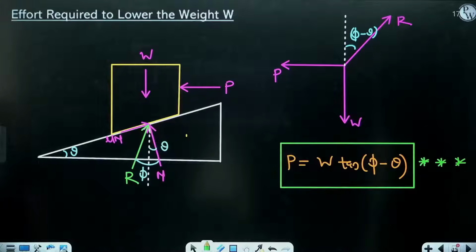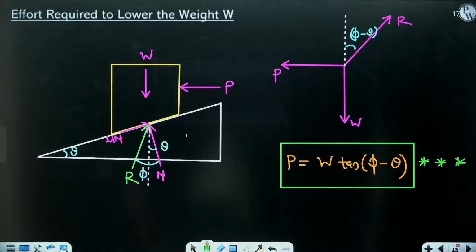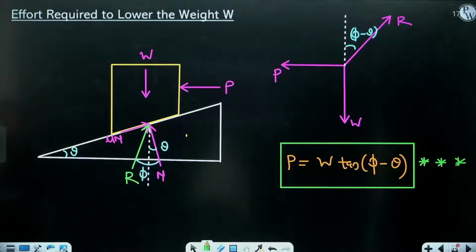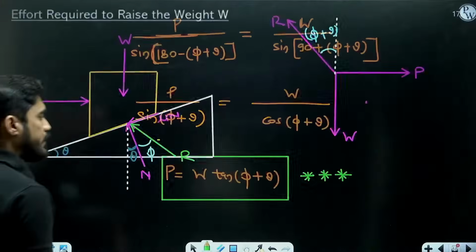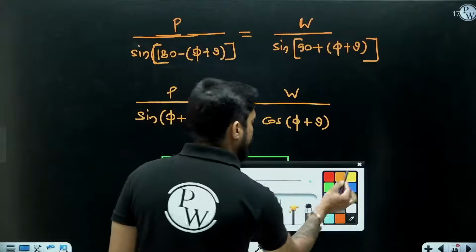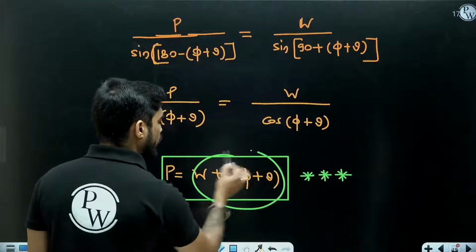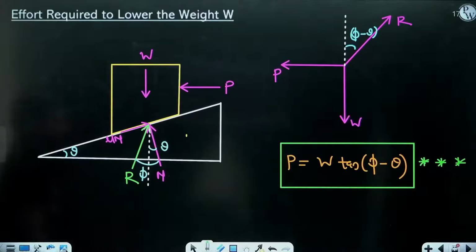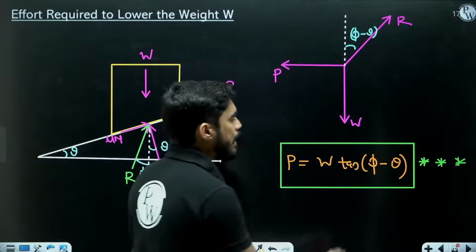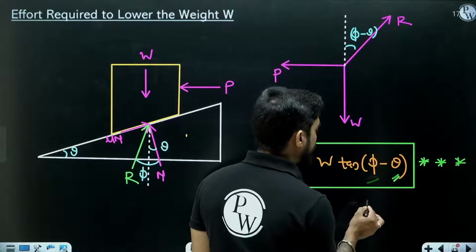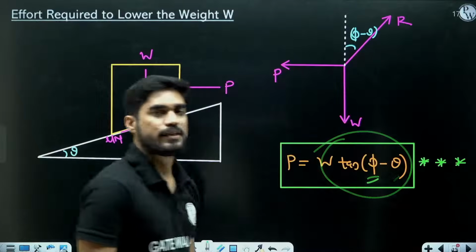Now understand this fact. What we have calculated right now is the force required to lower the weight. In the raising formula, this value can never be 0. But here you can see that if phi becomes equal to theta, then this value will become 0.